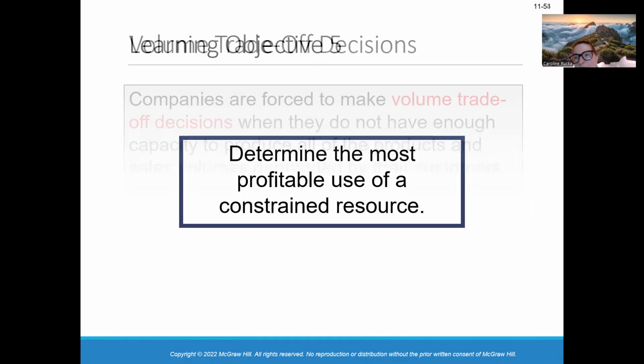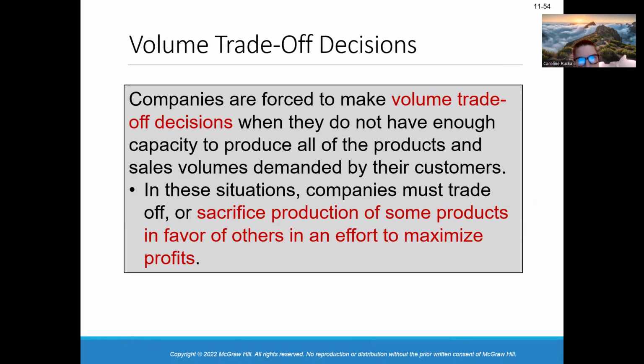Okay, now we're going to talk about constrained resources. This is when we have to make a volume trade-off decision because we don't have the capacity to make everything that our customers could possibly want. We have to trade off production of some products in favor of others to maximize profits.